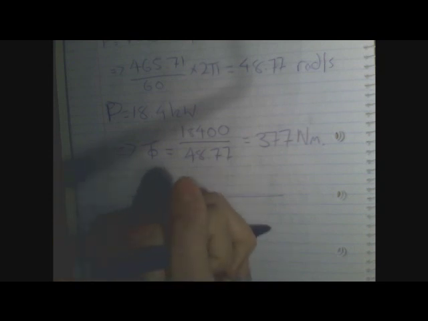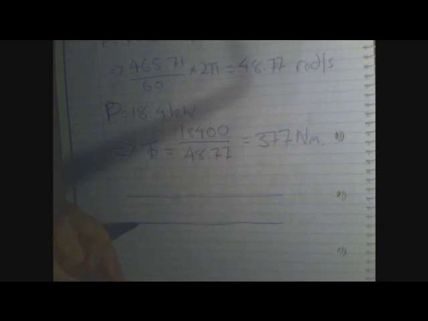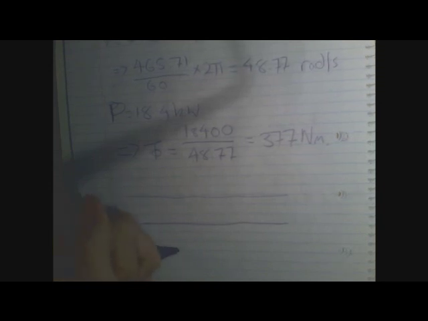Now our torque is constant throughout the whole shaft. There's a value of 377 Newton meters. So that makes this diagram easy. And our torque is also TQ for our next part.